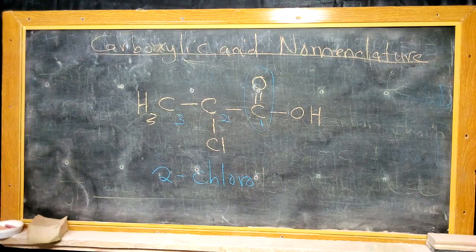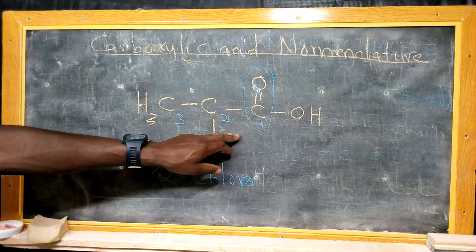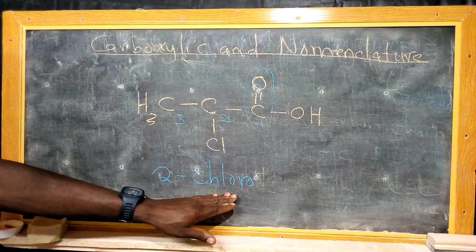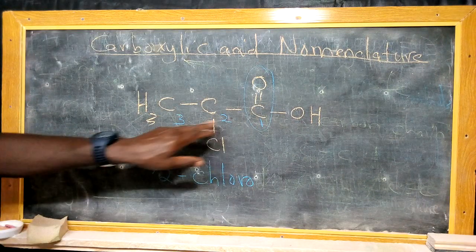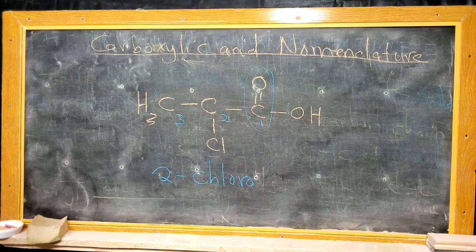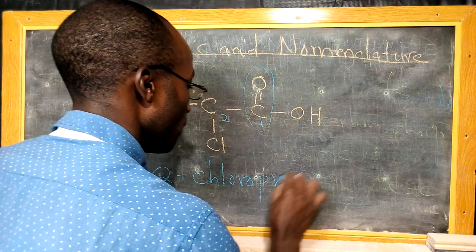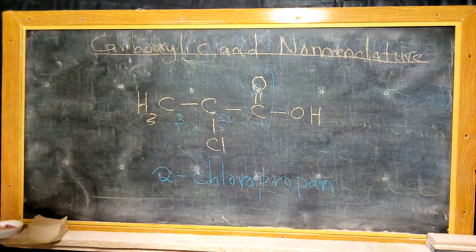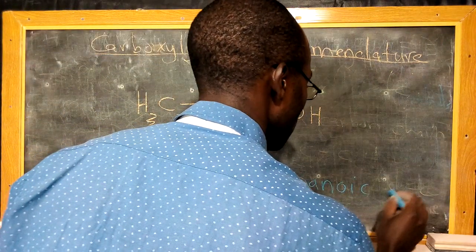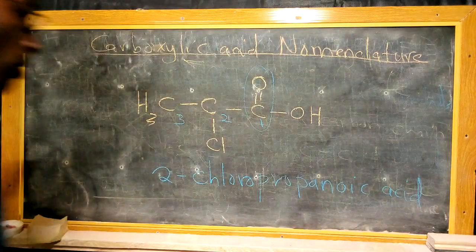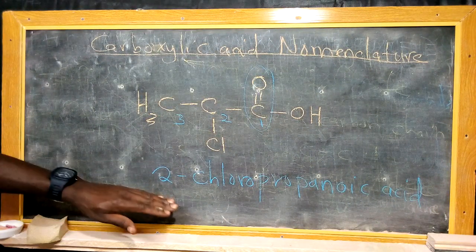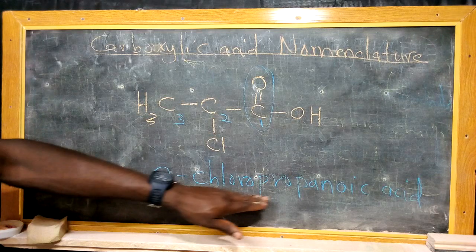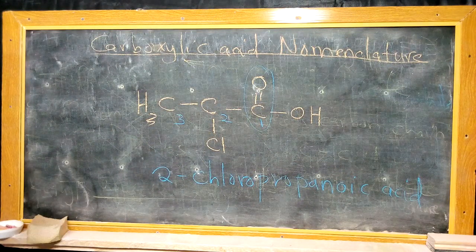Then the parent name for a 3-carbon organic compound is propane, so we shall have propan, and then the suffix we said is oic, and then we add the word acid. So this particular compound is known as 2-chloropropanoic acid. That is as simple as that.